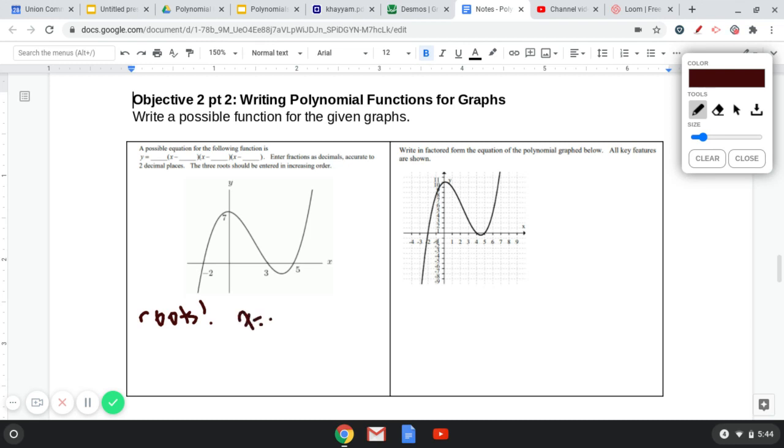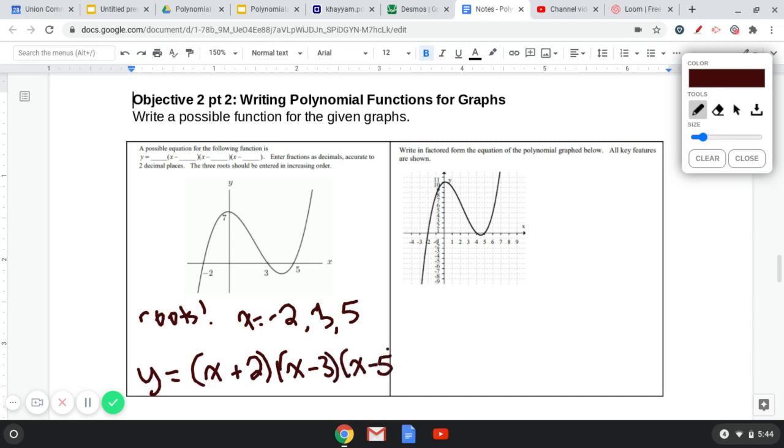So this -2 is telling us that our roots are at x equals -2, 3, and 5. So we can just write this as y equals x minus -2, which will become +2, times x minus 3, times x minus 5. If you type that into decimals, you will get something that looks something like this.